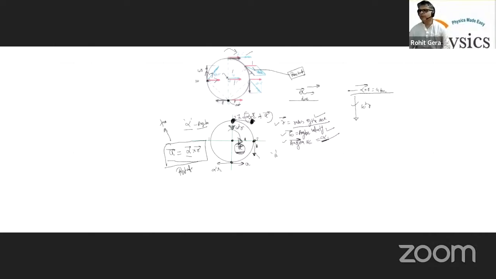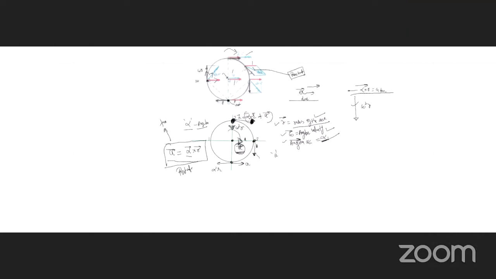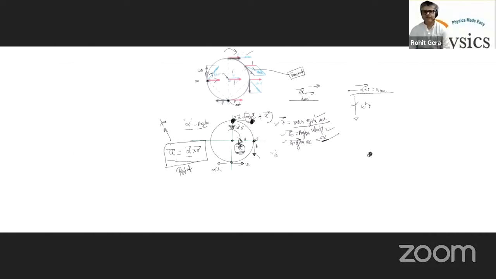Tangential is made up of 2 components, alpha r and omega square r at one point. How will you find alpha r direction? Tangential is given by cross product of alpha and r.